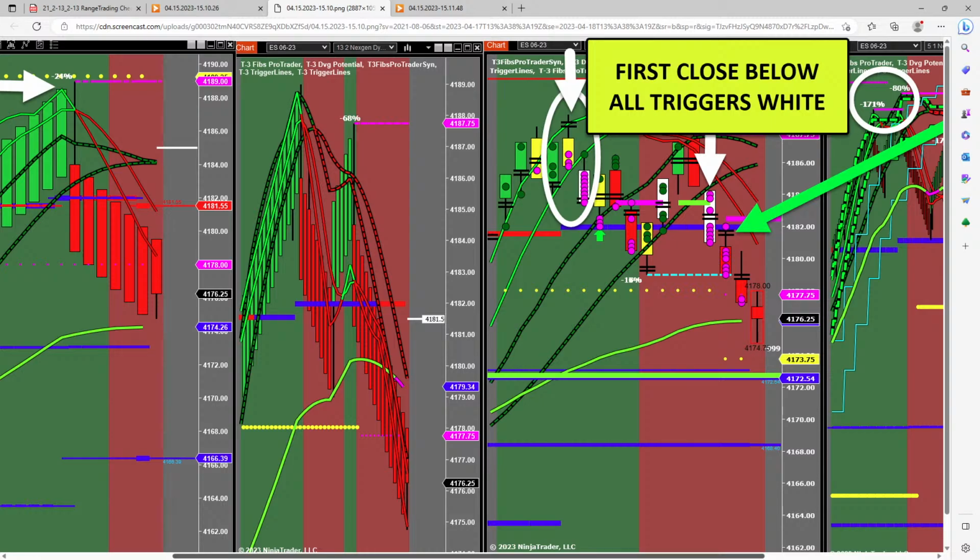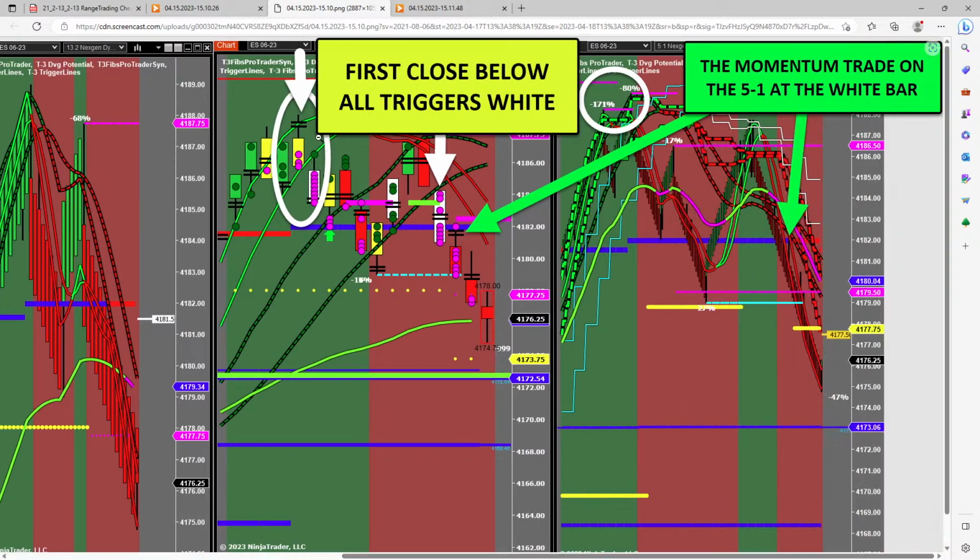And again, look, I use the 13 range chart because look at the trigger lines over here. You're not really expecting the market to go down, because the triggers are up and past the fib. So you're expecting the fib area to hold and bounce.